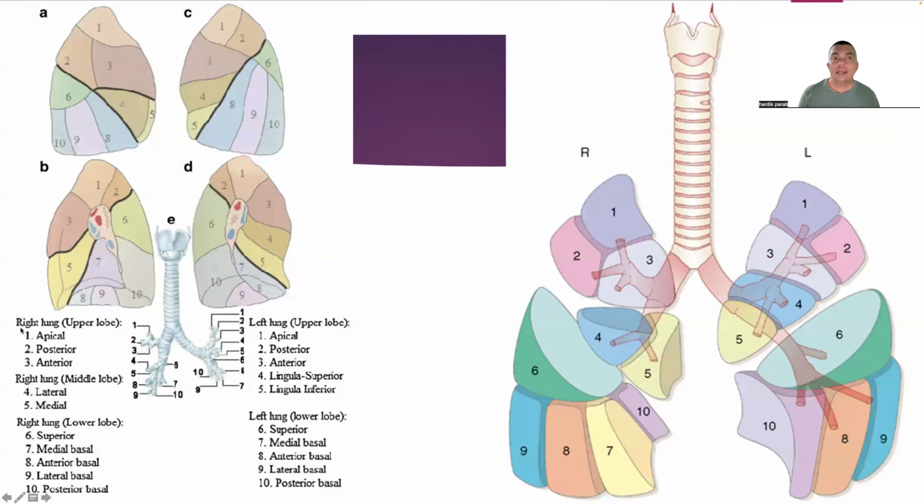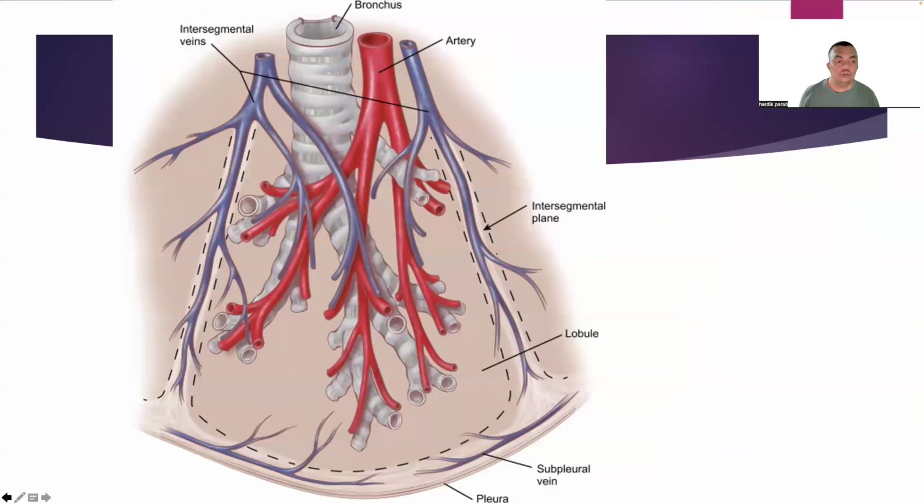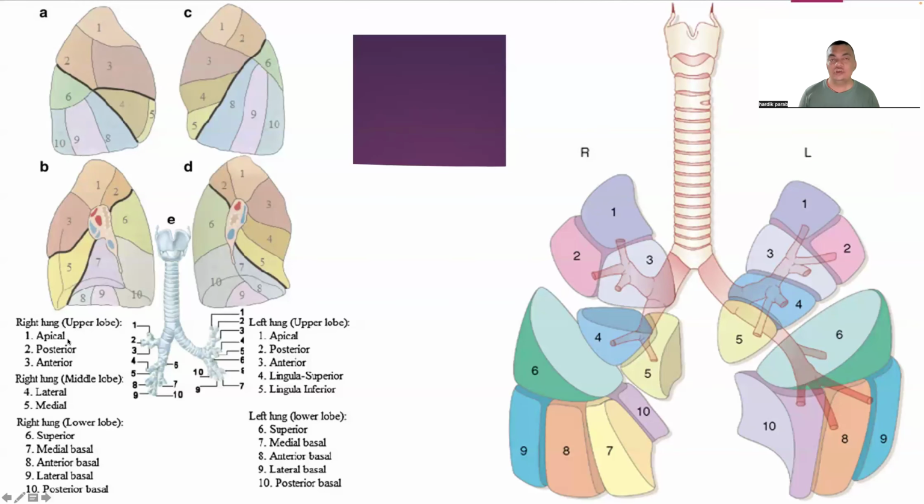In that, the right lung has three lobes. The right upper lobe has three segments. You can see here one, two, and three. One is the apical segment, two is the posterior segment, and three is the anterior segment. So apical, posterior, and anterior segments are in the upper lobe of the right lung.